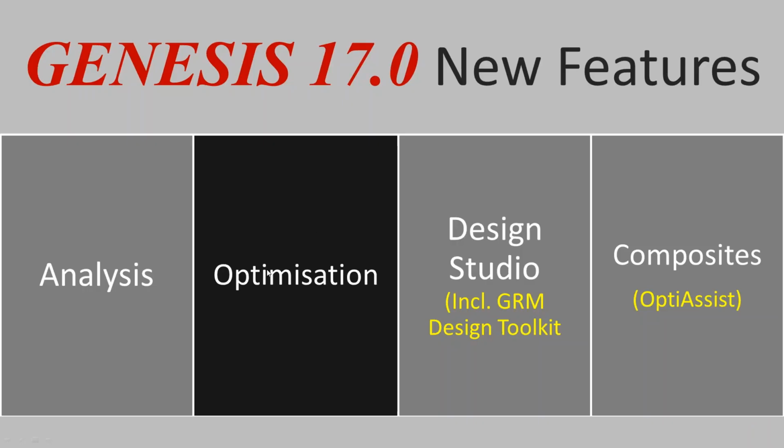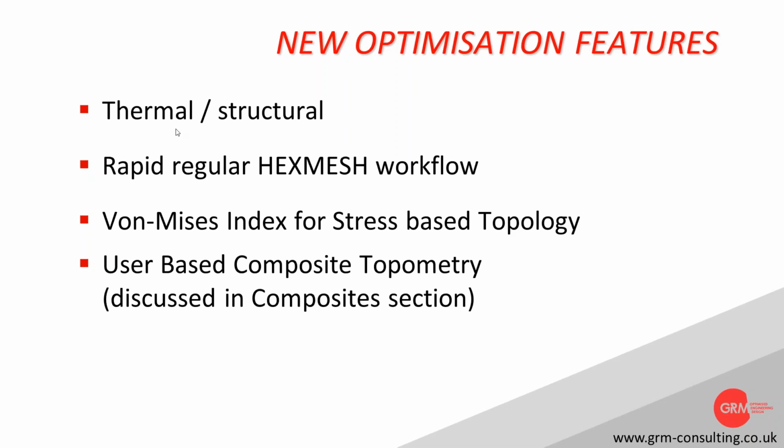Okay, next up we'll take a little look at the optimization side of things. There are a few nice features I'd like to go through, extending on the analysis feature of the thermal structural. This is something we can now optimize for in all aspects of optimization. We have a rapid regular hex mesh workflow, which I'll go through, and we have a new stress targeting approach for topology, so we'll look at that in a bit of detail.